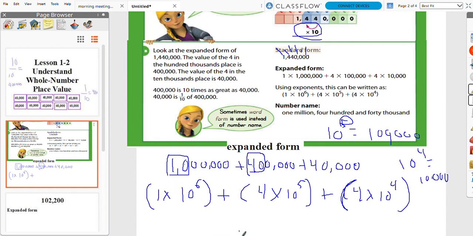You just have to take a deep breath, step back, and first write it, I would say, in the expanded form that you know very well how to do, and then start thinking about how you can take these powers of 10s, remember powers of 10s end in zeros, and write them as exponents, and then think about which number here you need to add to that exponent to make it the actual representation of the number. And if you did all of this math, you would get 1,440,000. It's a good way to check your work.